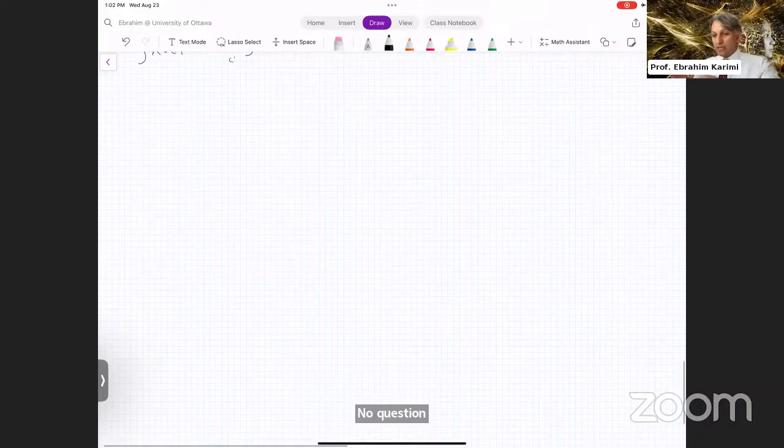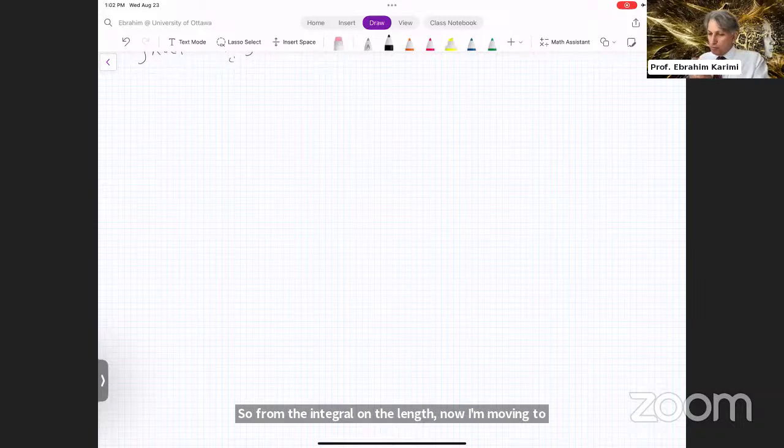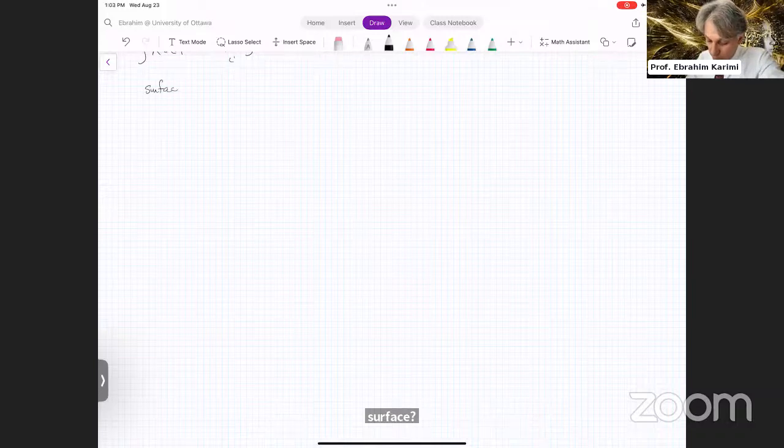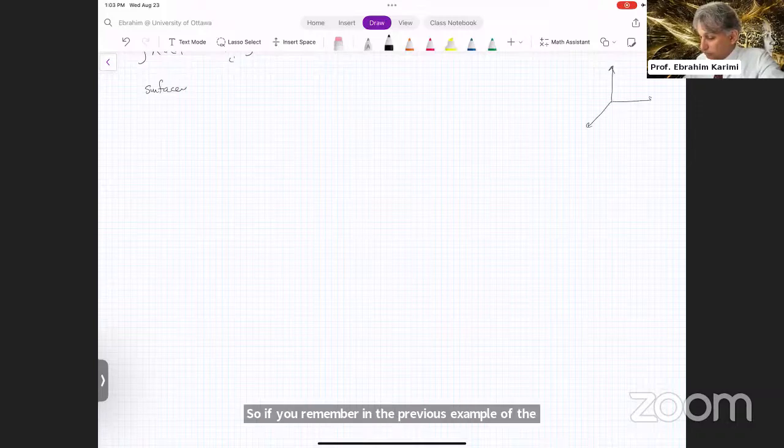So from the integral on the length, now I'm moving to integral on the surface. So what happens with the surface? If you remember, in the previous example of the Cartesian coordinate, we said, well, I have a surface here. I will move in the direction of x.